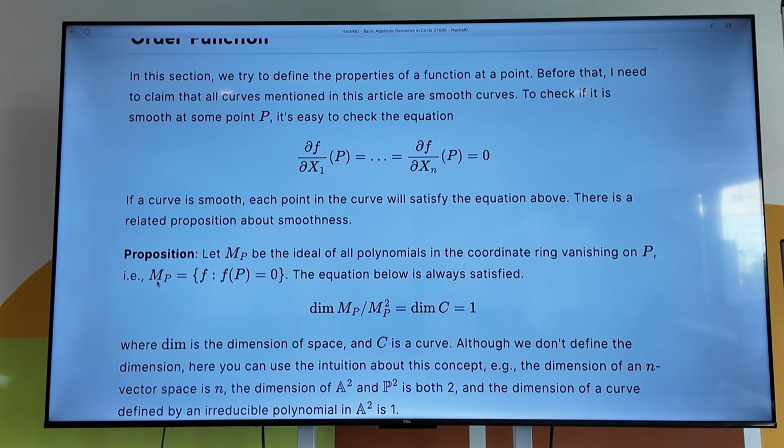Once we get the concept, we can define the order. Suppose we have some ideal, and the order of a function in the ideal is actually the exponent of the generator.